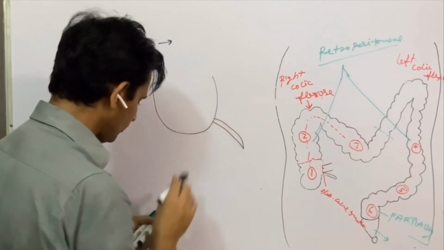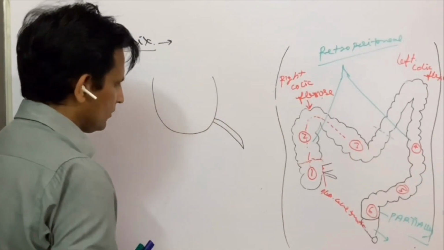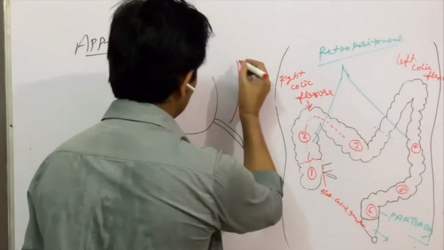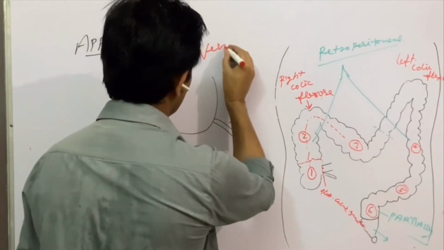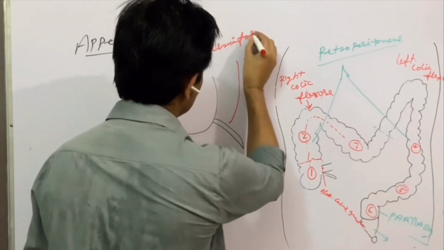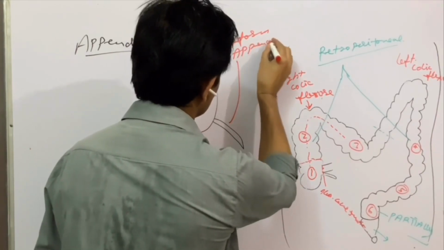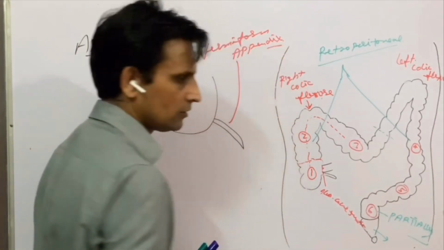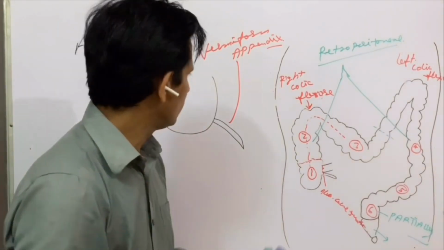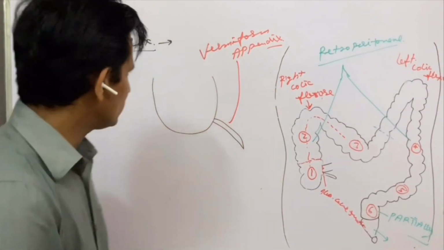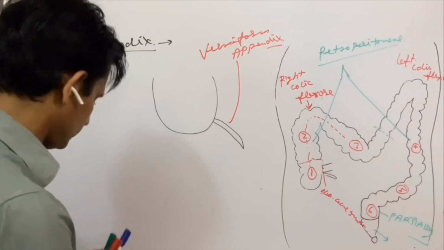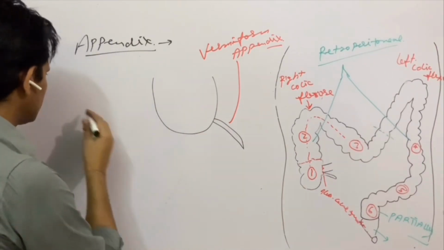What would be the length of this worm-like structure?